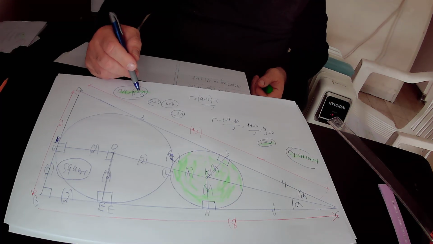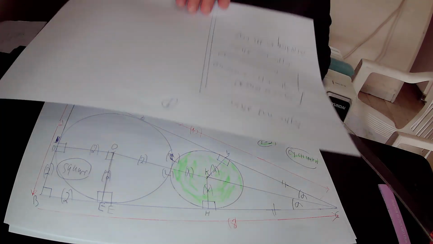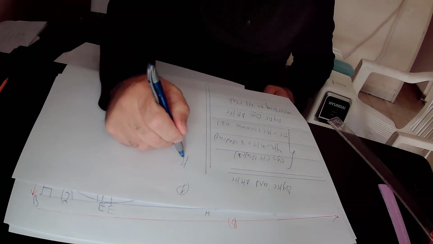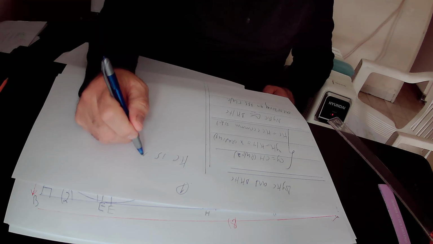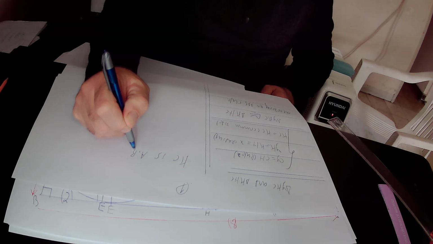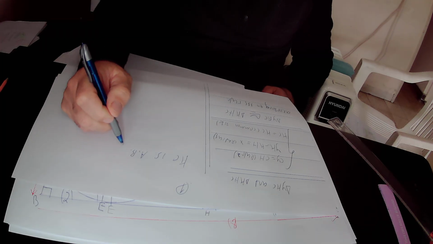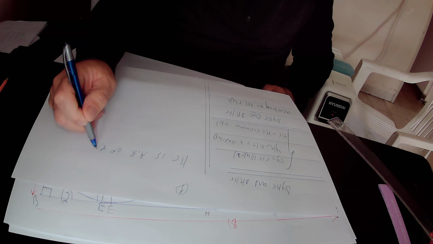So right now, in total, we found out that the common side KC is the angle bisector of angle ACB.